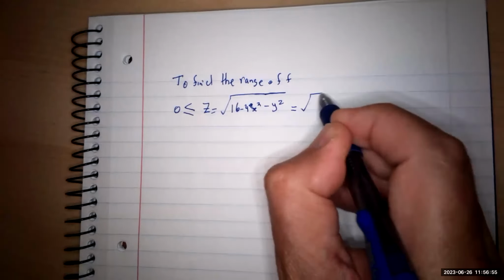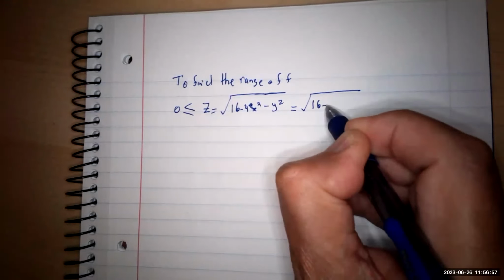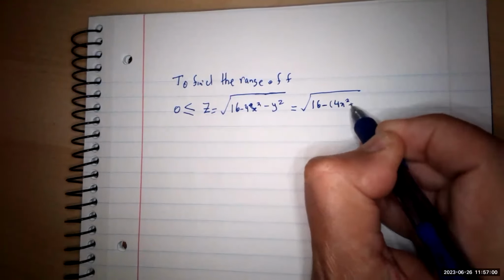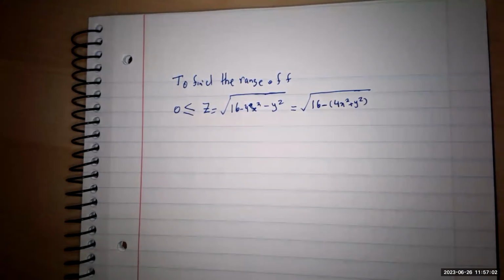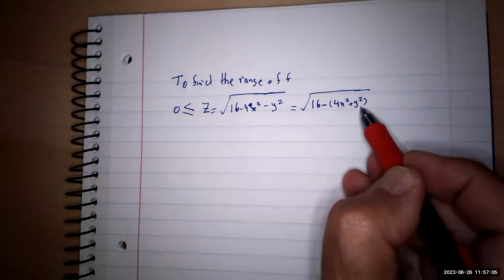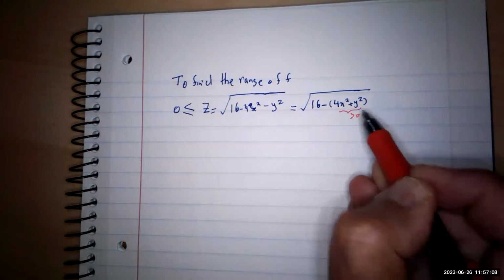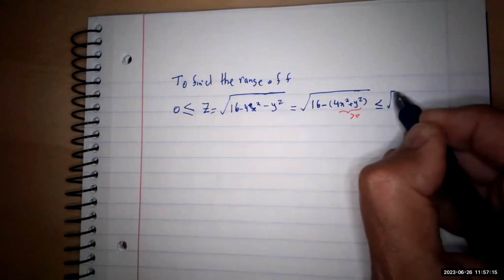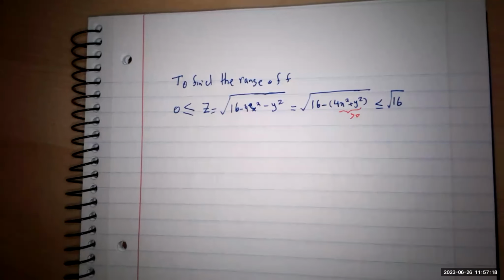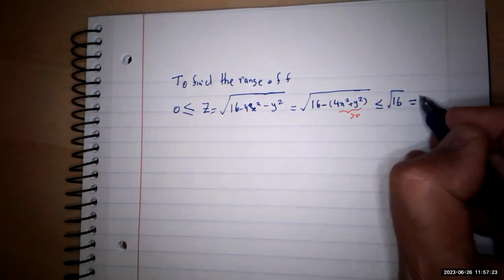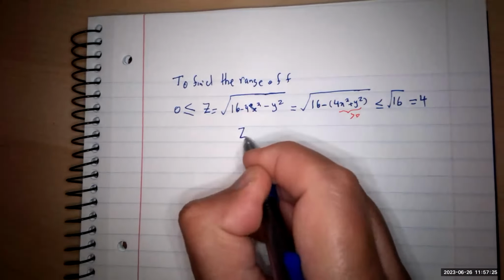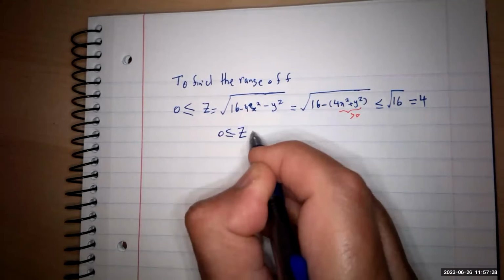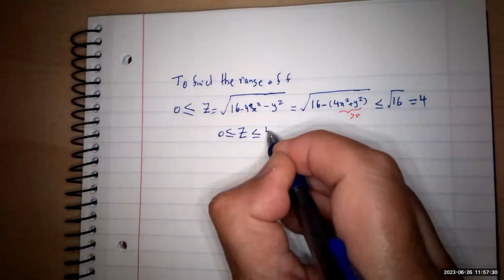This can be written as 16 minus, 4x squared plus y squared. You see, this number inside is always positive. So if you take a positive number out of 16, the result is going to be smaller. So this is always going to be less than or equal to the radical 16, because this is 16 minus something. And radical 16 would be 4. So your z is going to be greater than or equal to 0, and less than or equal to 4.